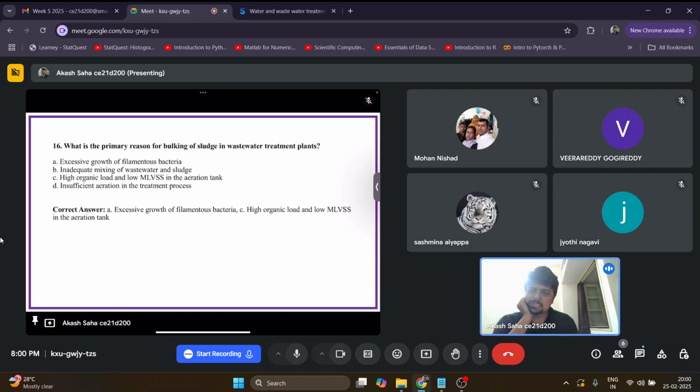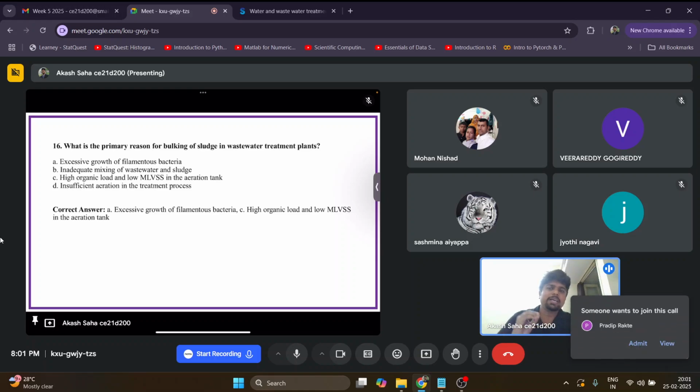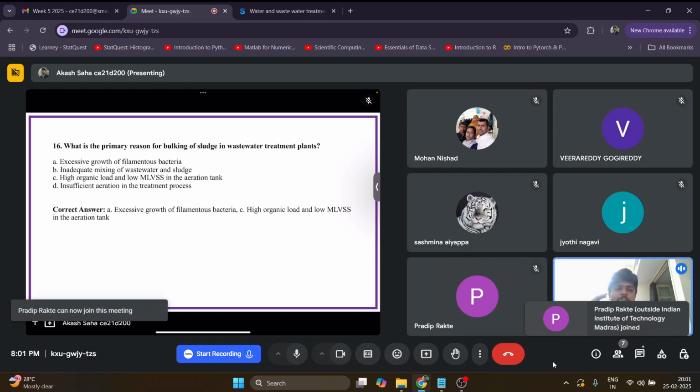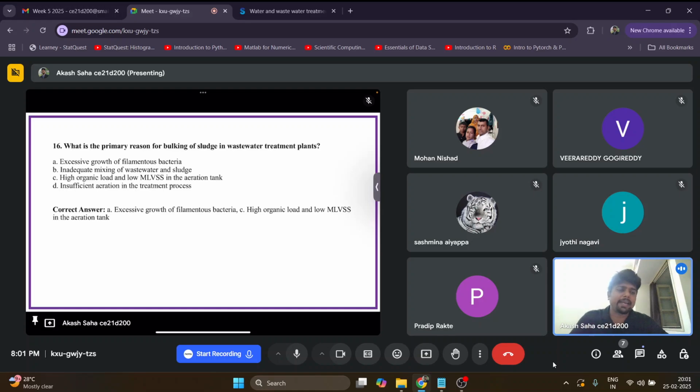Okay, so option A is definitely correct. But with that, if you see, option C is also correct. Why? Because it is saying high organic load and low MLVSS. High organic load is nothing but a high amount of food, the substrate. And MLVSS is directly characterized with the microorganisms.